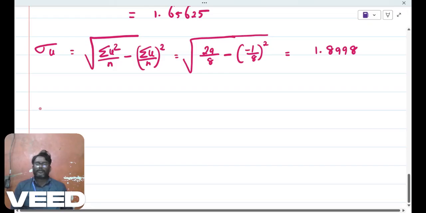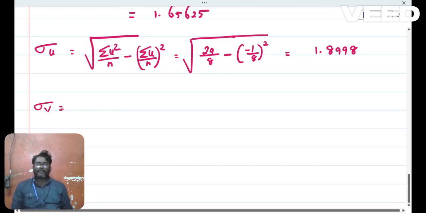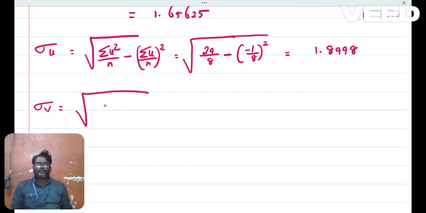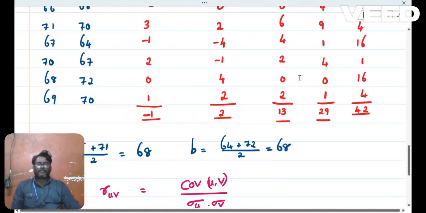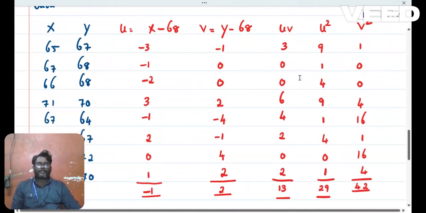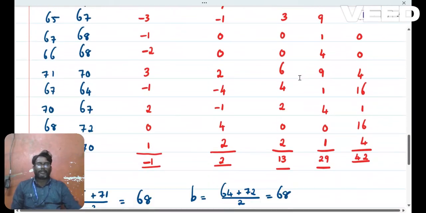Next, similarly, find sigma v. The formula to compute sigma v is the square root of sigma v square divided by n minus sigma v by n the whole square. The value of sigma v square is, sorry, 42.